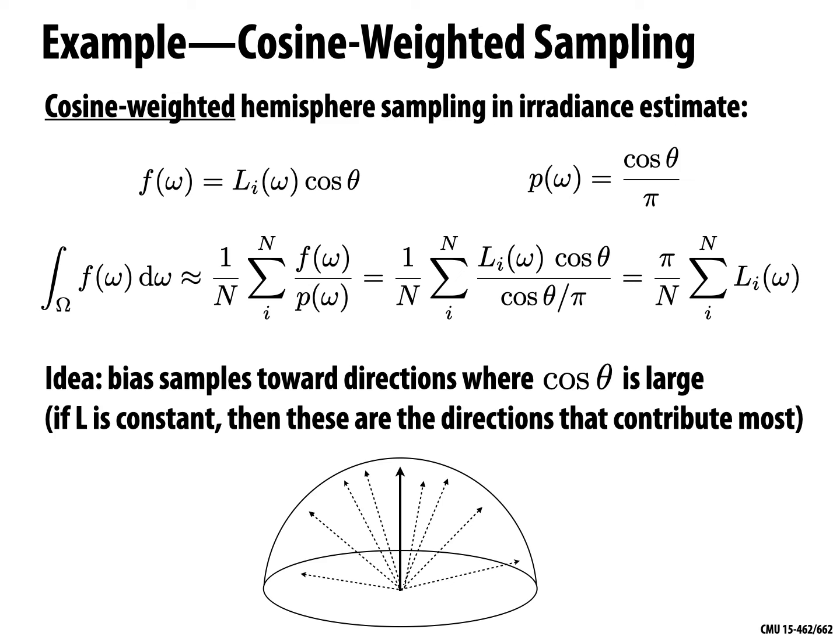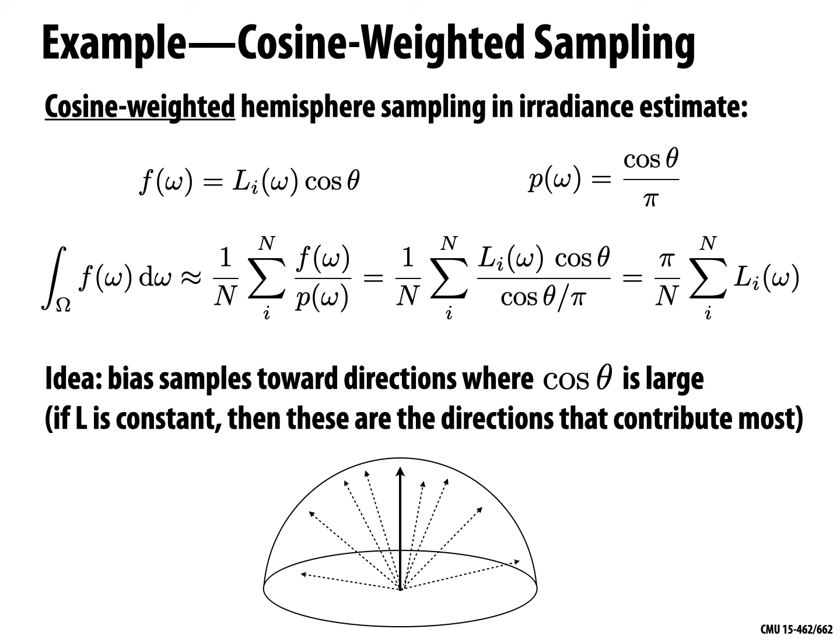Now we're just going to do pi over n times the sum of the incident radiance. Okay? So if we do this, we're essentially going to bias samples toward directions where cosine theta is large. If L is constant, let's say a hemispherical light source, then these are always going to be the directions that contribute the most. Okay? And this looks even simpler.